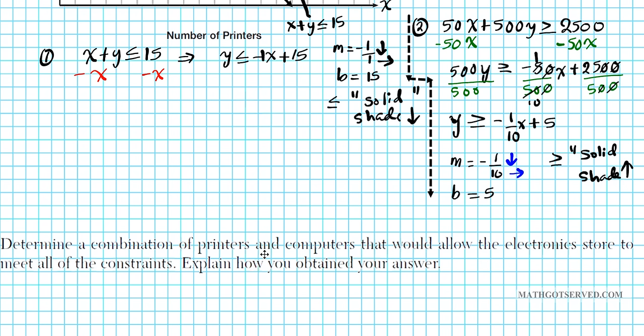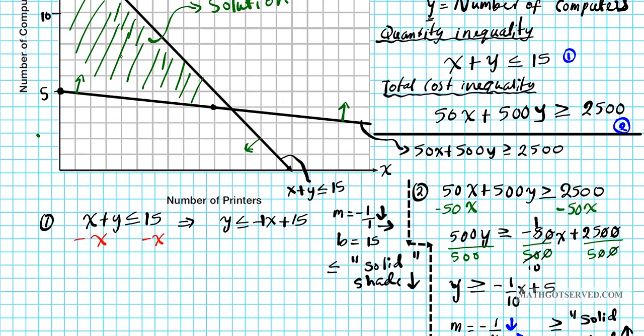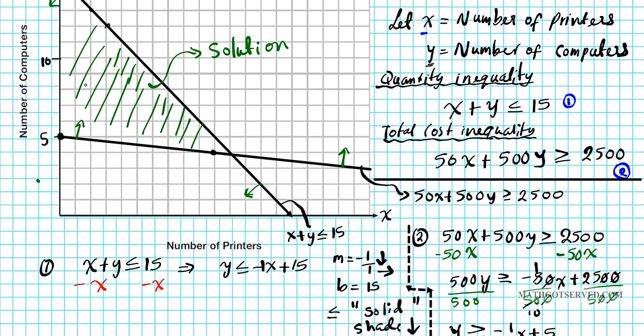So here, what's the answer here? How many answers are there? If you look here, any point in this shaded region will suffice. So we have an infinite number of combinations.